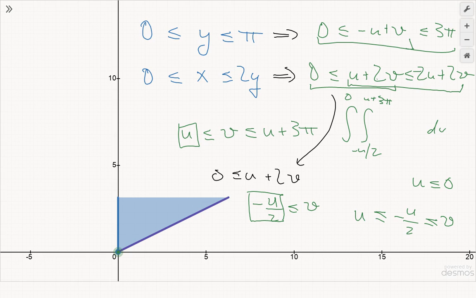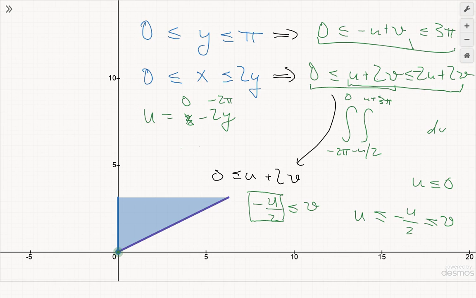Well, it's easiest to see from u equals x minus 2y: we get the least value by taking x to be 0, and then negative 2y, where y goes up to pi, so u will go down to negative 2 pi.